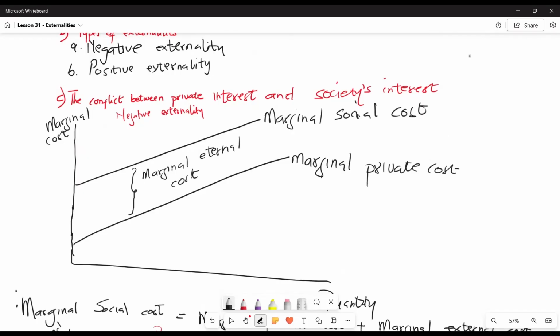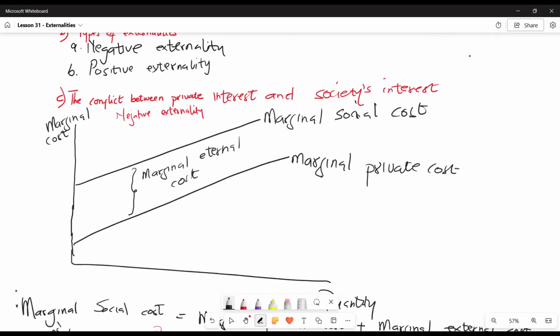Your private interest is all about the costs and benefits to you personally. So when you consume or produce any good, your private interest is the cost to you involved in the production of the good, or the benefits that you as a person get from consumption or production of that good. But society's interest may be slightly different when we think about externalities.